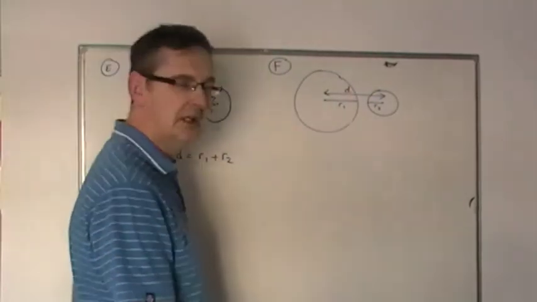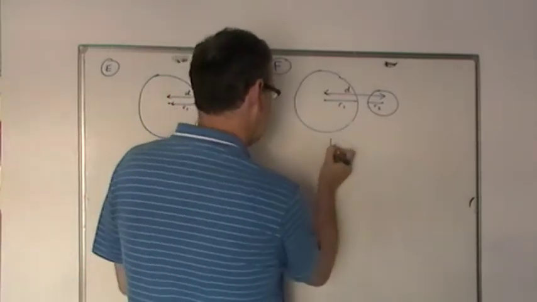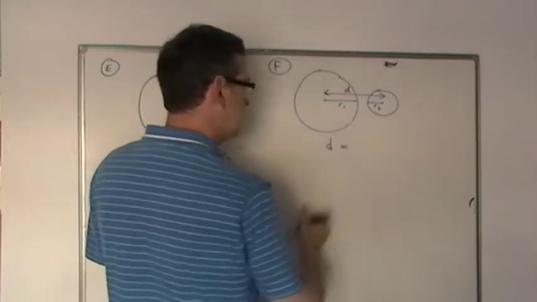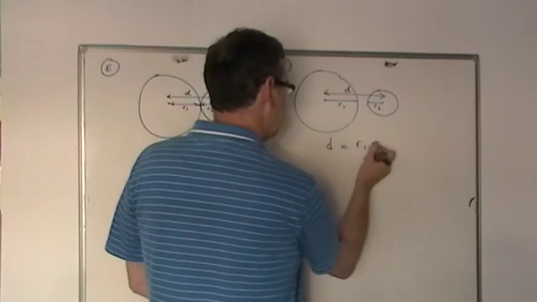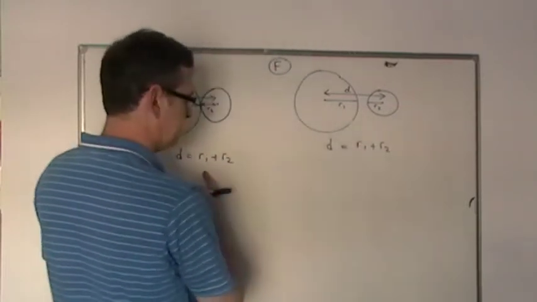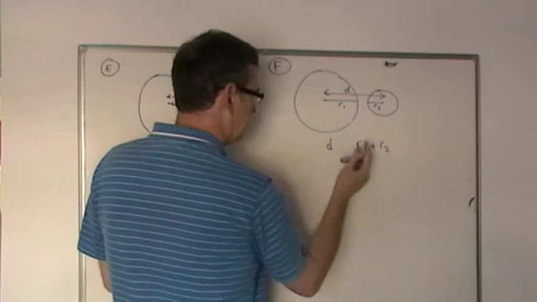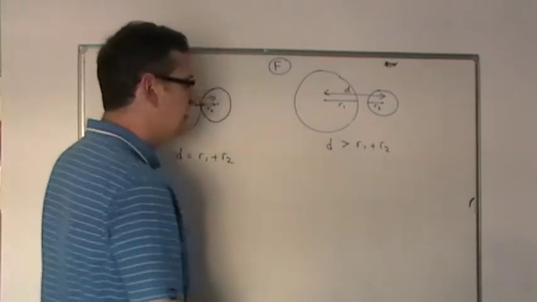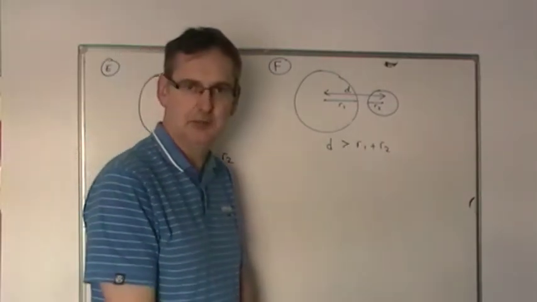And just by looking at the picture, it is abundantly clear that in this case the distance apart of the two centre points is no longer going to be equal to R1 plus R2 as it was there. This time the distance must be bigger than R1 plus R2.